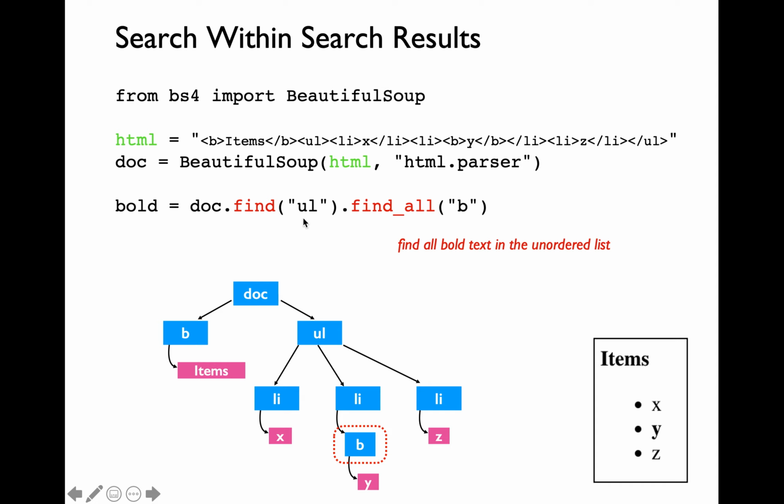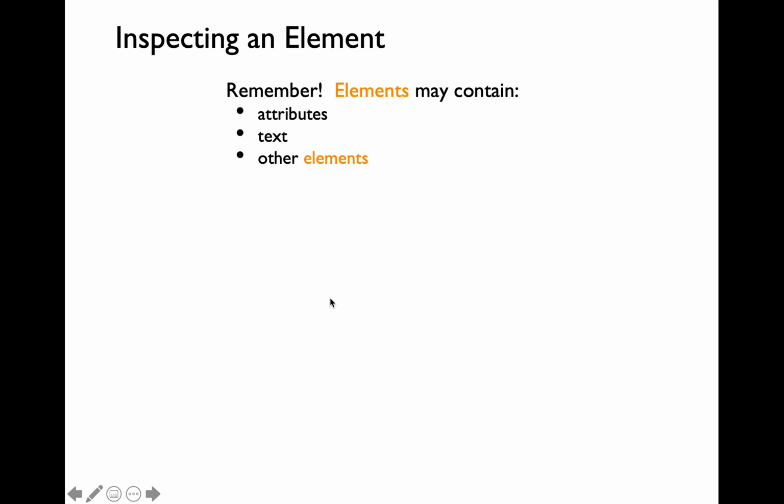You'll be able to string both of these function calls together. You can say doc.find of ul.find_all of b, which will retrieve all of the bold elements within the first occurrence of the ul element.